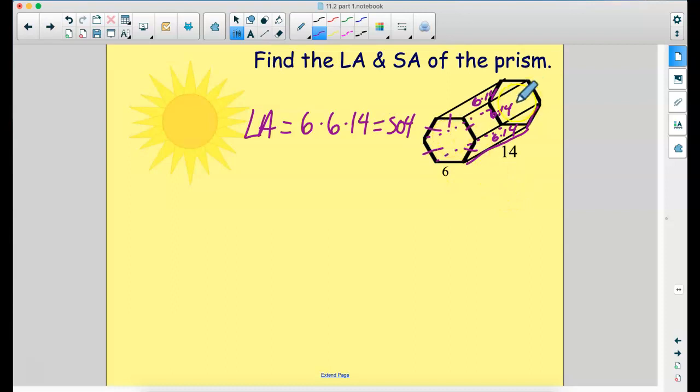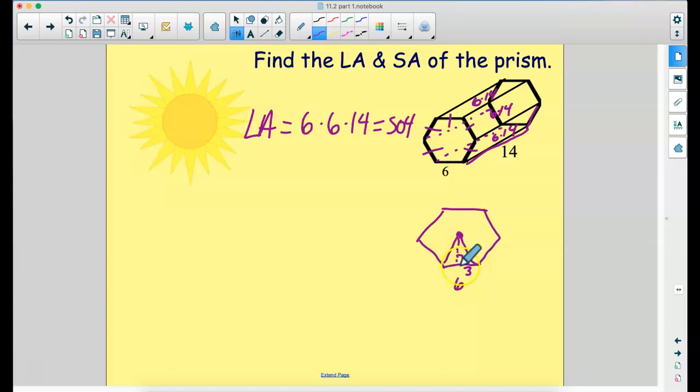Then the 2 hexagons, I'm going to just write those separately. We have to review how to find the area of a hexagon. And we find the center point. We make a triangle. We have to find the apothem. We know this is 6 on the bottom, so the apothem is going to hit it right in the center.